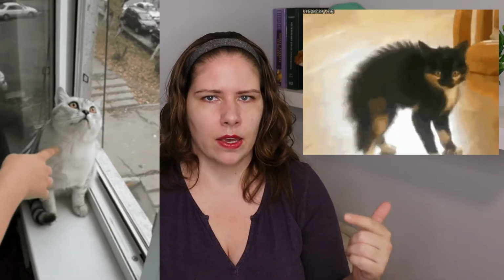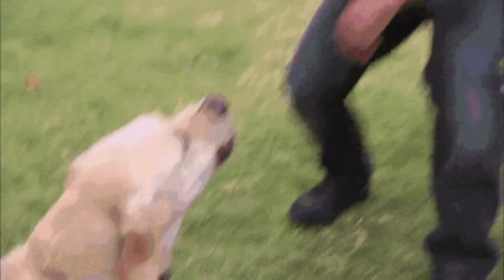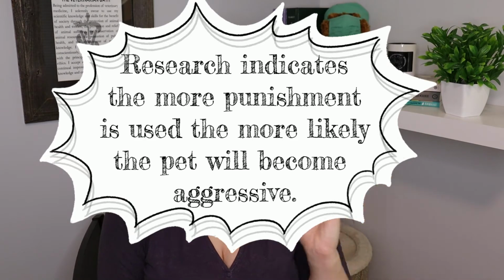This is because they feel pushed and like they have no other alternative, because their body cues and their body language and their fear is not being listened to. And when they feel stuck in a corner, then they will either freeze or run away, or they will fight. And so a lot of the aggression behaviors are fear-based. The more dominance and punishment that is used on pets, the higher the likelihood that they become aggressive.